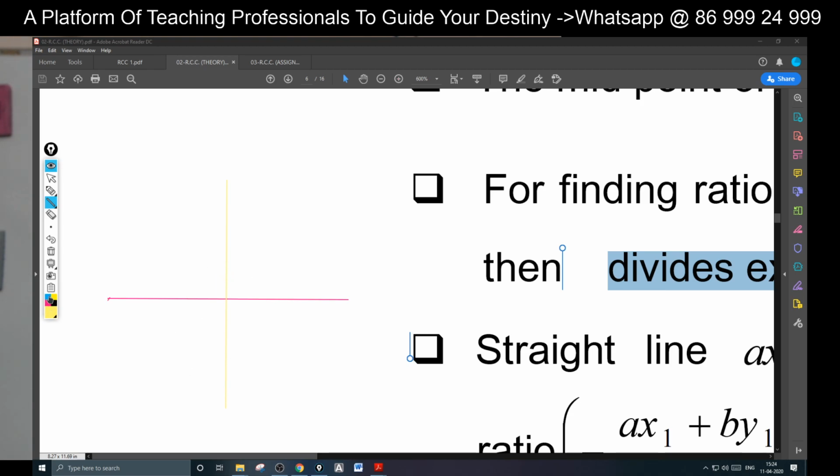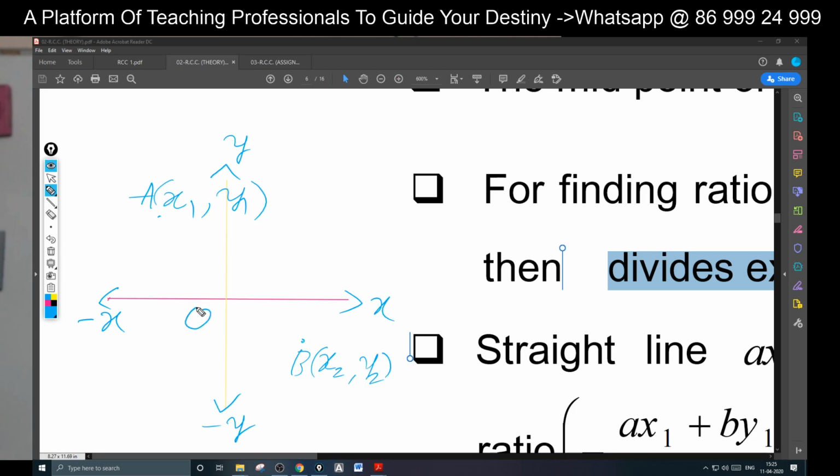Now let me take a point A, x1, y1. Let me take another point B, x2, y2. And as I said, this is x-axis. This is y-axis. This is negative x-axis. This is negative y-axis.